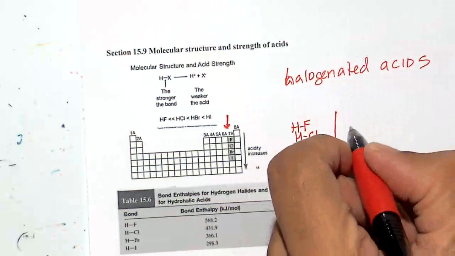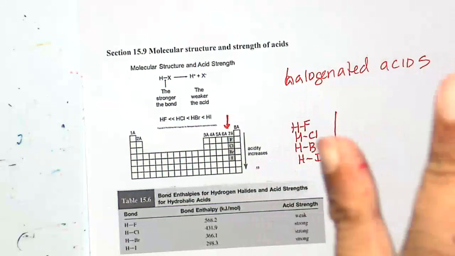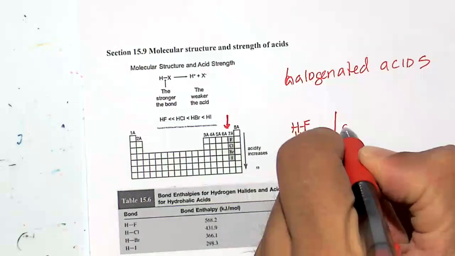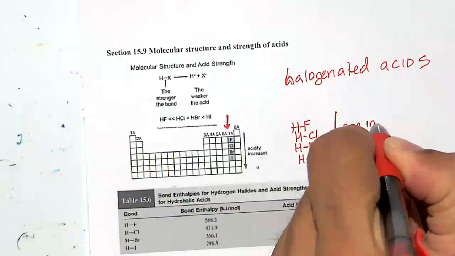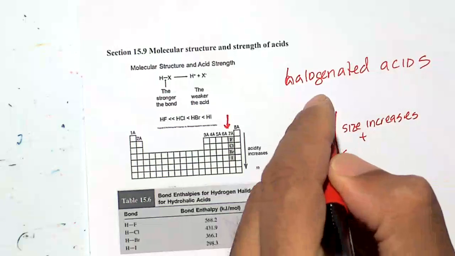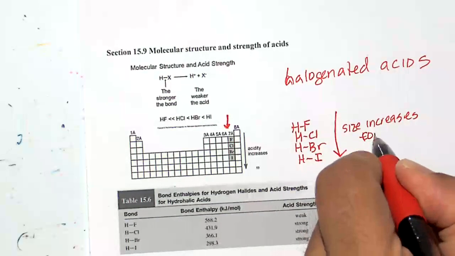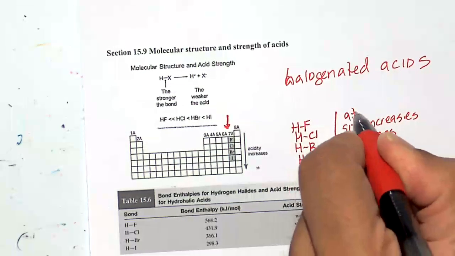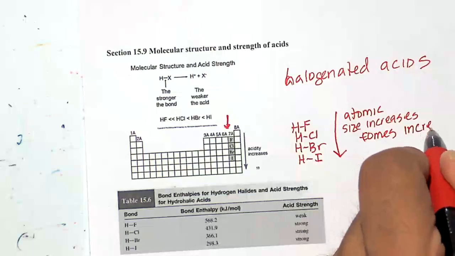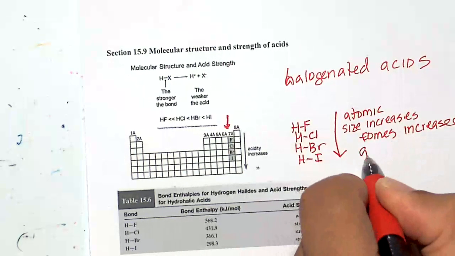Okay. So the acidity increases, but also the radius, the atomic radius increases as well. So the size increases. So with that size increase, the atomic size increases, comes increased acidity.